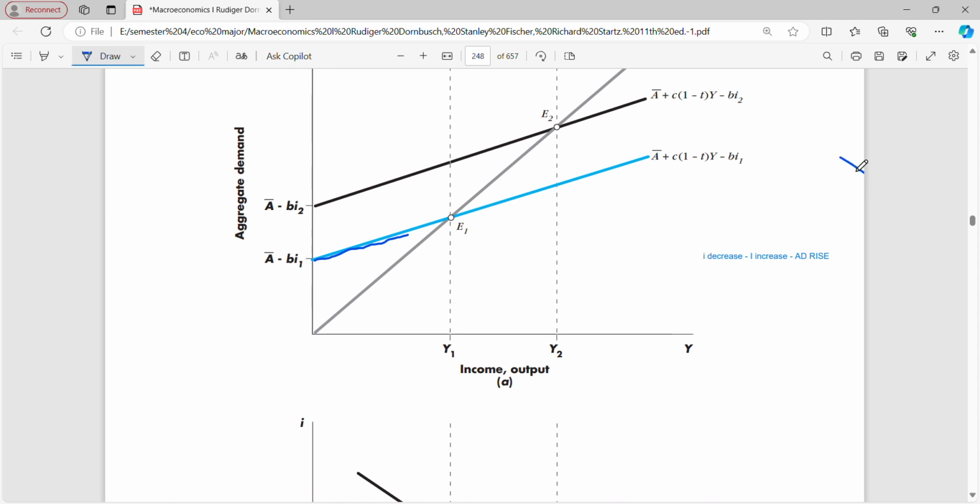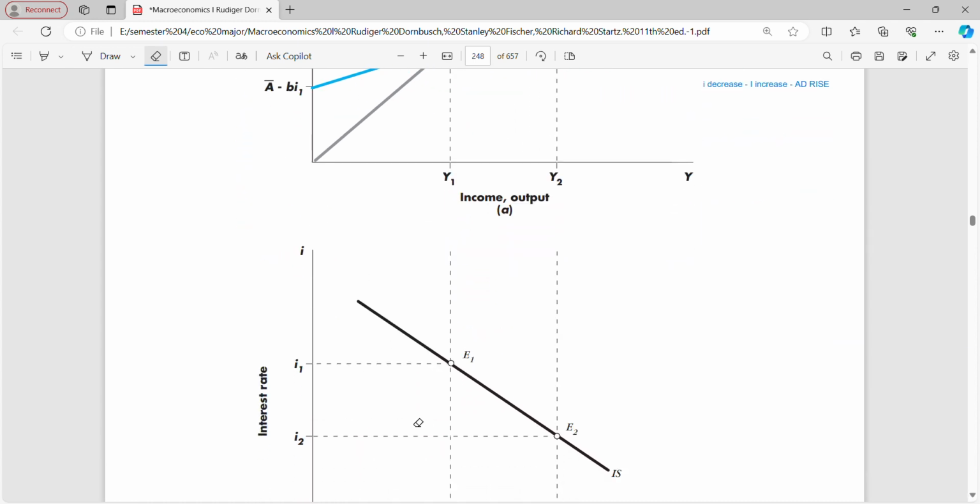For the intercept, we will be considering Y as 0. So you will be getting A bar minus Bi. Now comes the different interest rates.